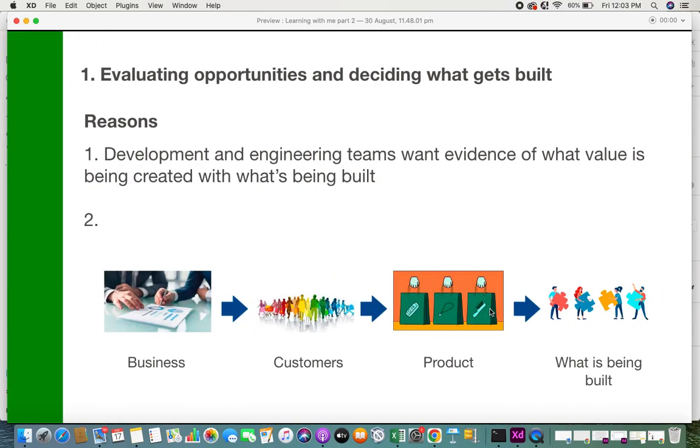There are a couple of reasons why product managers need to make this decision, because you just can't randomly say, hey, I got this feature, this looks good, let's start building it. Development and engineering teams really want some evidence of what value is being created with what's being built.